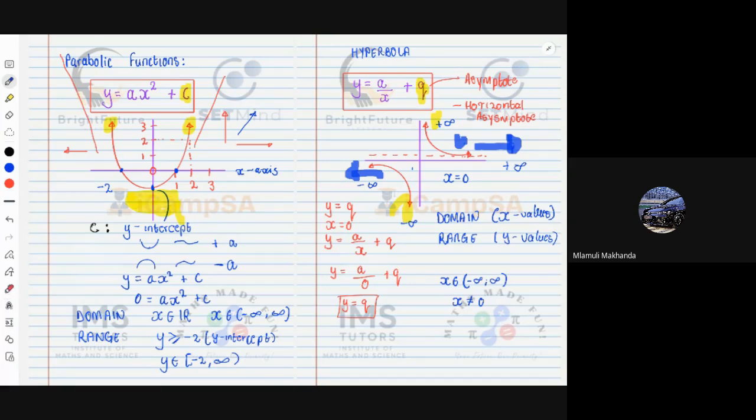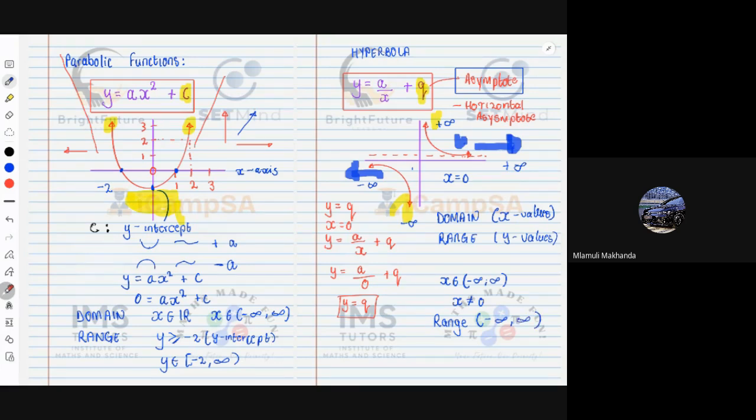It doesn't touch that red line there, which we say is the q value, which is our asymptote. So the way that we write the range, we're dealing with the y values, that's your range. So for our range, we will go from negative infinity up until positive infinity, round brackets.